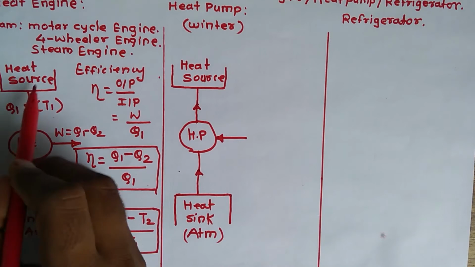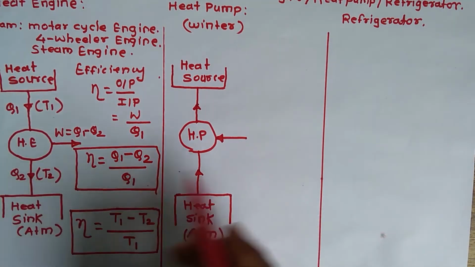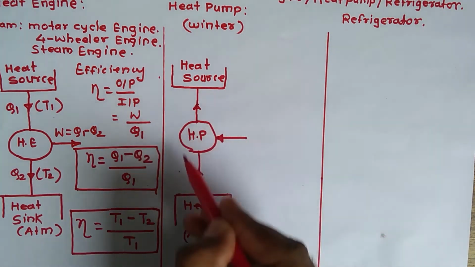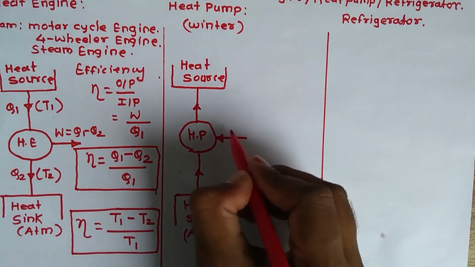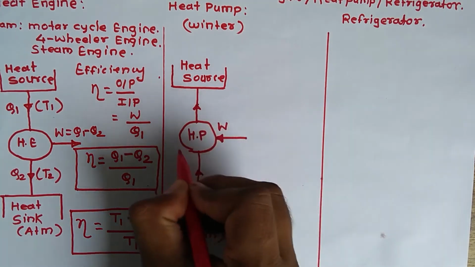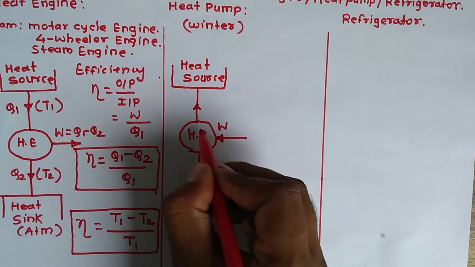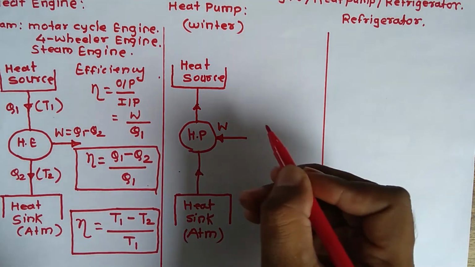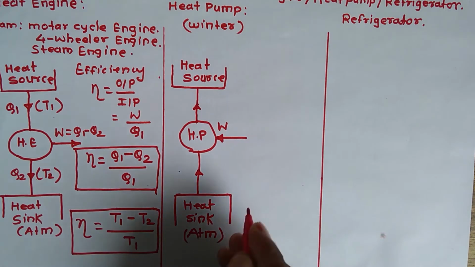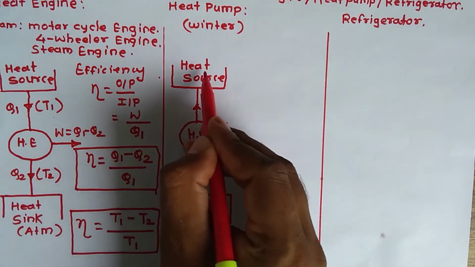Heat normally transfers from hot source to cold source, but in the case of a heat pump we have to do work on the system. We have to apply electrical energy to the heat pump, and then it will run, absorb the heat from the atmosphere and supply it to the hot source.